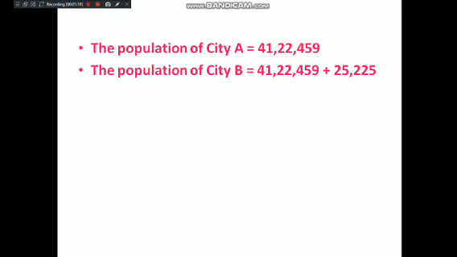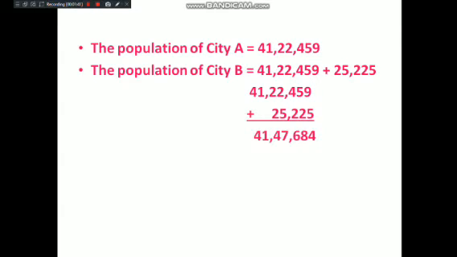Second statement, the population of city B is equal to 41,22,459 plus 25,225. Here we have to add these two numbers.